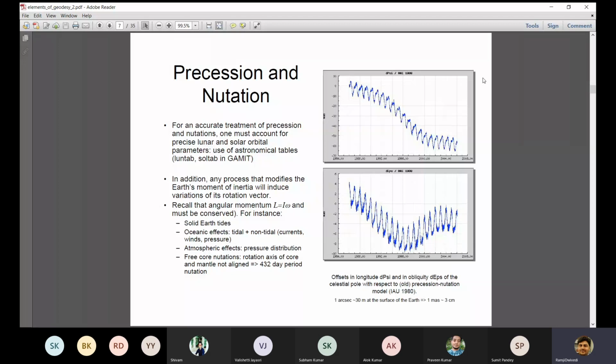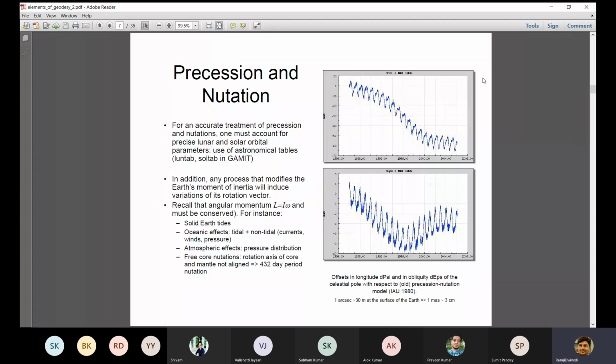For an accurate treatment of precession and nutation, one must account for precise lunar and solar orbital parameters, using astronomical tables. In addition, any process that modifies the Earth's moment of inertia will induce variation of its rotation vector. Recall that angular momentum L is equal to inertia I multiplied by omega, and must be conserved.